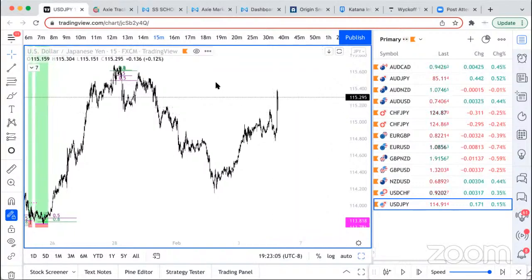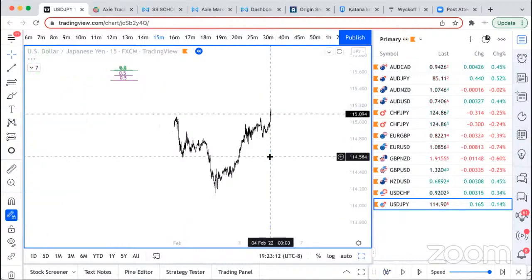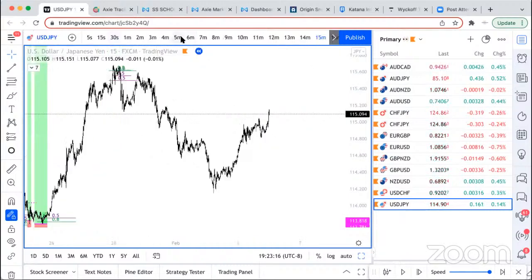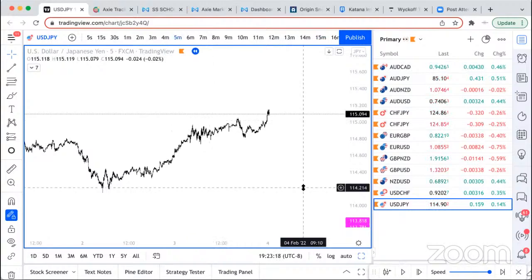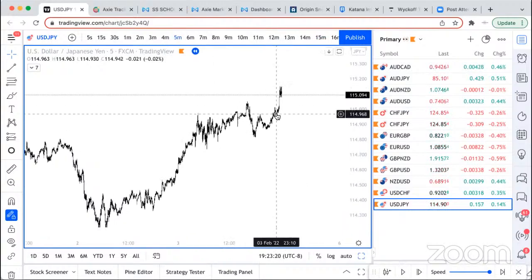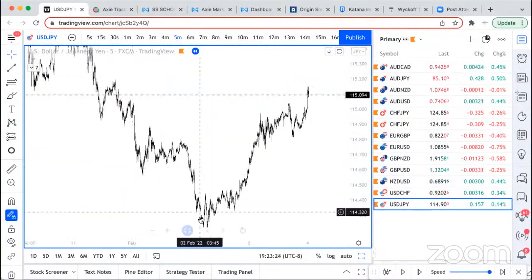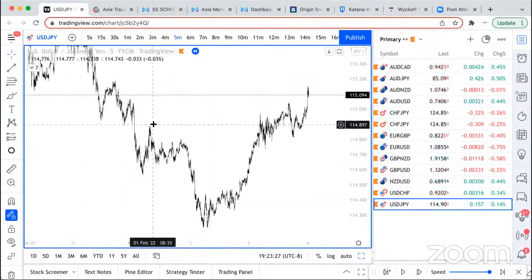I believe we went a little too far back. So it was about right here. Scaling down to something like the 5-minute, we saw price trade down, but she just didn't trade into our area. And from there, we took out some lower time frame order flow, right?